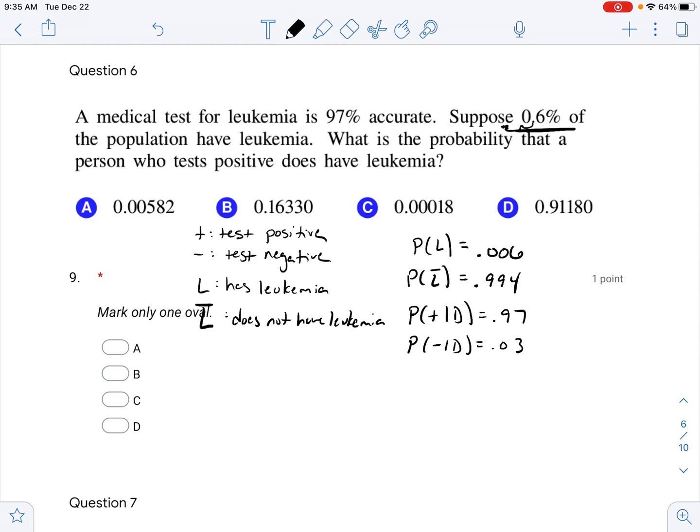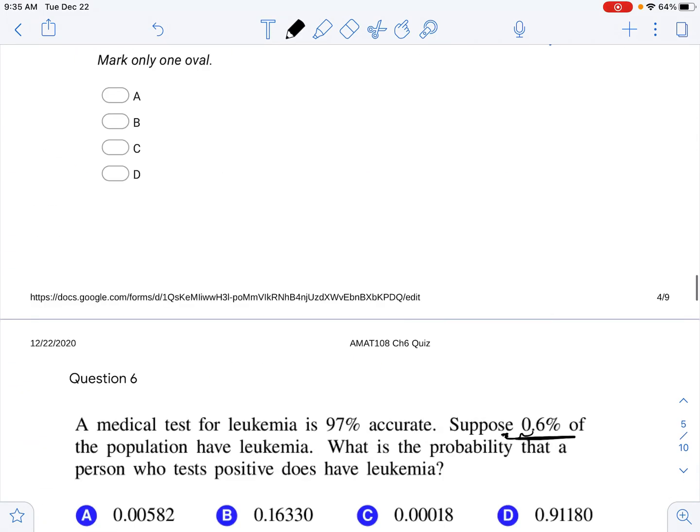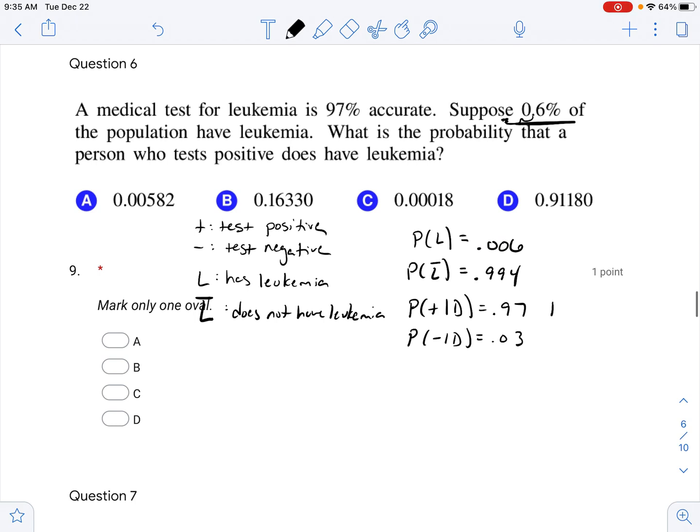At the same time, if it's 97% accurate, it's going to be 97% accurate with the negatives. So the probability the test comes back negative given you don't have the disease is going to be 97%. And the probability the test comes back positive given you don't have the disease, those false positives, would happen 3% of the time as well. That's what that wording is telling us.